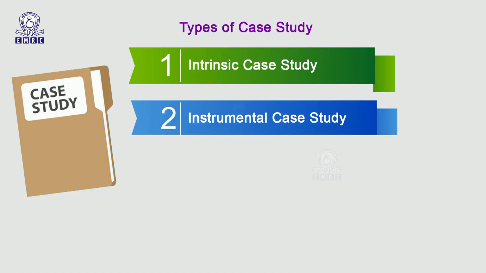Second, instrumental case study. In this kind of case study, the researcher begins with a research question and makes use of a case that simplifies or illuminates his analysis. So, we can say that in instrumental case study, the case is simply a preliminary technique that paves way for further research.